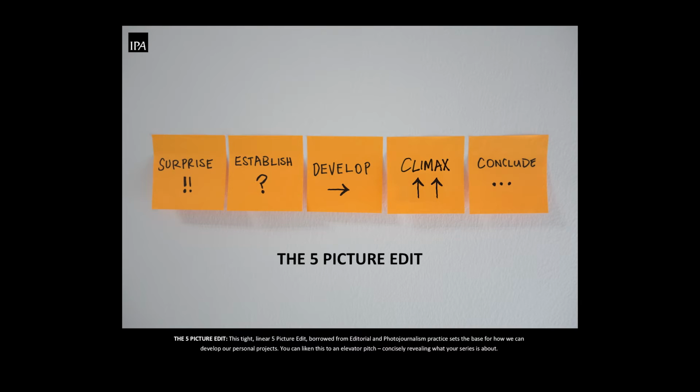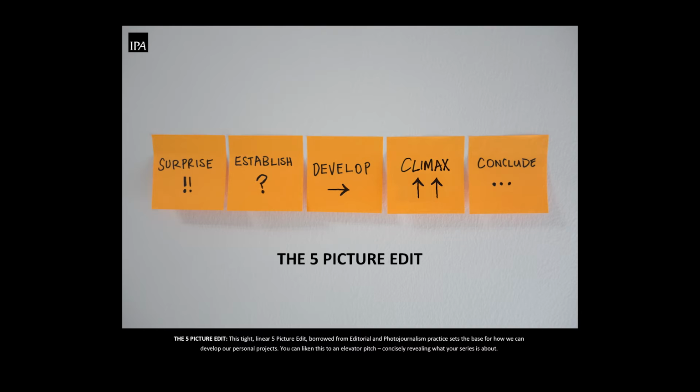So essentially what we have now is the 5-picture edit, which consists of 5 pictures, namely number 1, surprise; number 2, establish; number 3, develop; number 4, climax; and finally the 5th, conclude. So this 5-picture edit is tight and it's linear in its narrative, in the sense that it starts, it has a middle, and it ends.